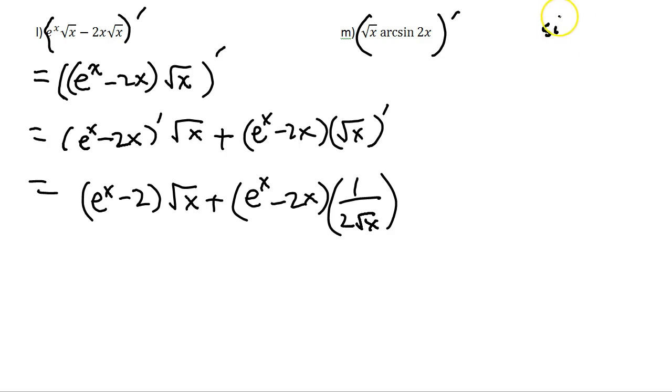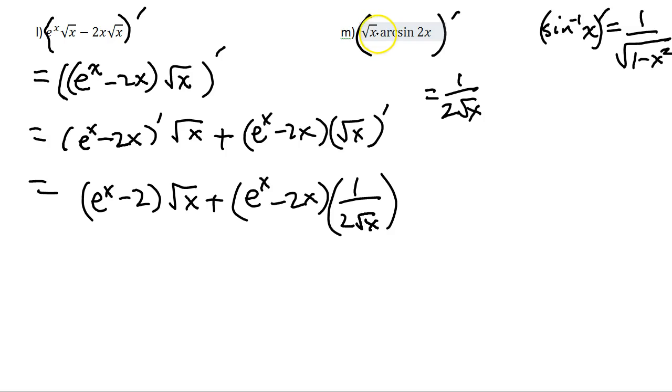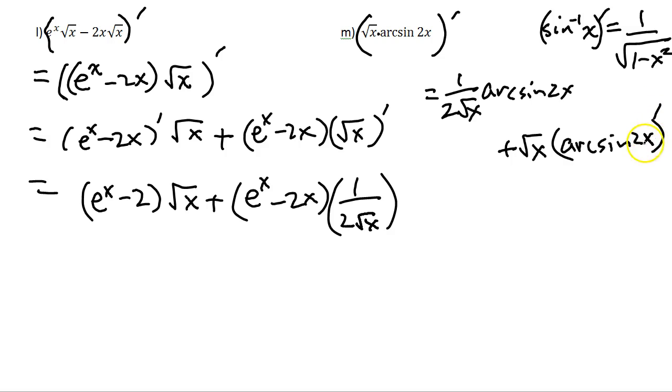Now, what does differentiating sine inverse of x give you? It's 1 over square root of 1 minus x squared. We need to use this over here. Square root of x differentiates to 1 over 2 radical x. By the way, I have to use the product rule, so I'm differentiating this first, leaving the second, plus leave the first, but differentiate the second. When you differentiate this, notice that instead of arcsine of x, you have arcsine of 2x.